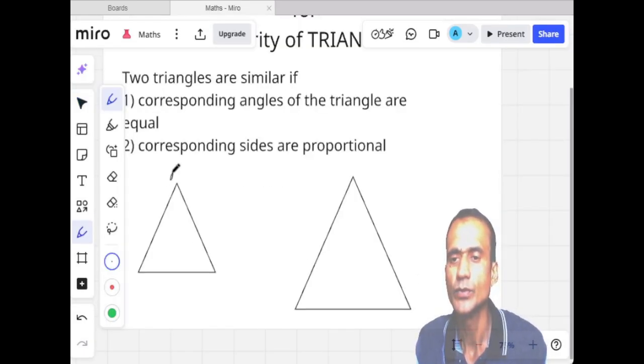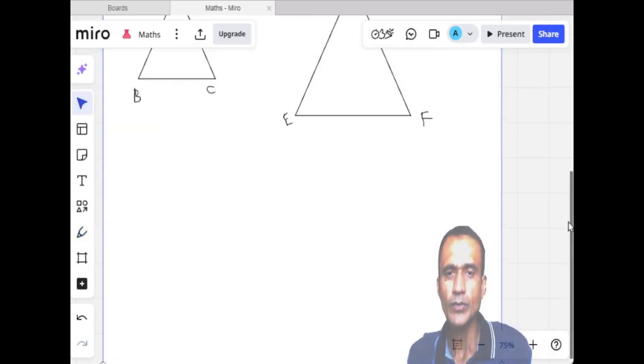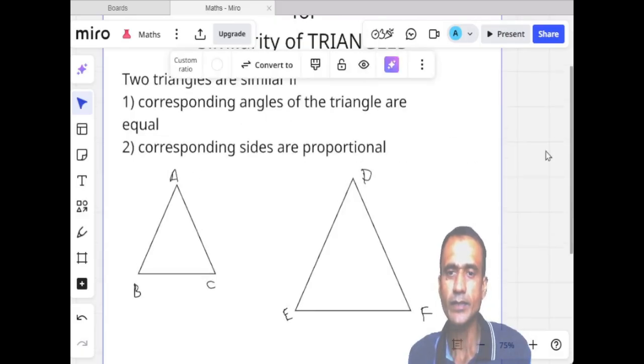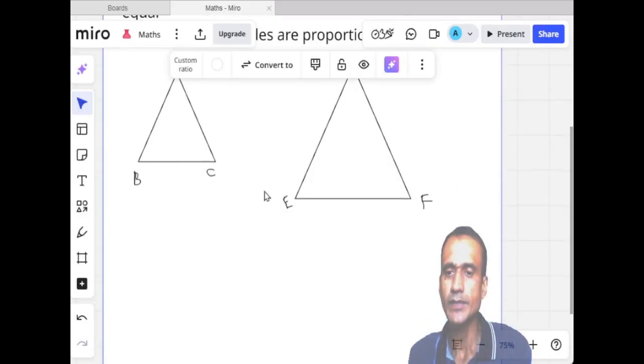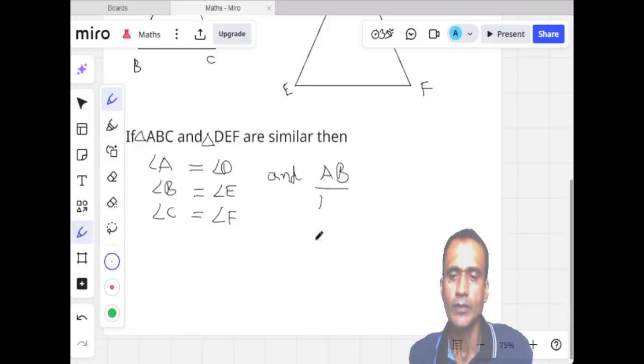Suppose these are the two triangles. Now let us name these triangles. By the above definition, only if corresponding angles are equal and corresponding sides are proportional are these two triangles similar.